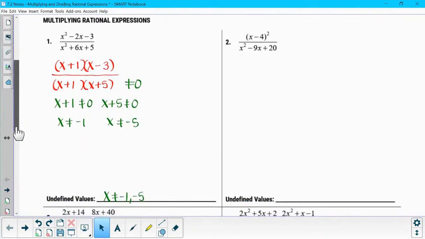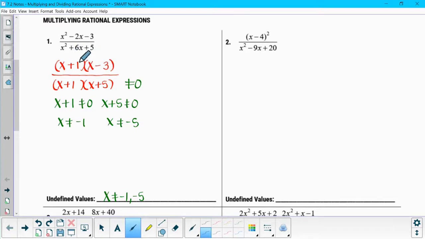And generally in our notes, we have a place for us to write our undefined values so you do not forget it. If you were to just box this in your work, that also is okay. Now, once I have done undefined values, then I can go on and start canceling things. You cannot start canceling until after you've written down all of the undefined values.